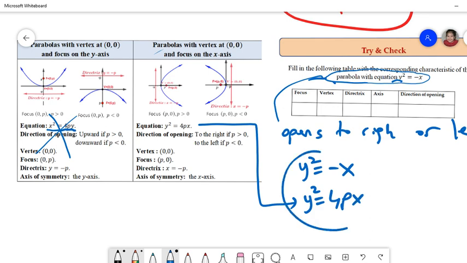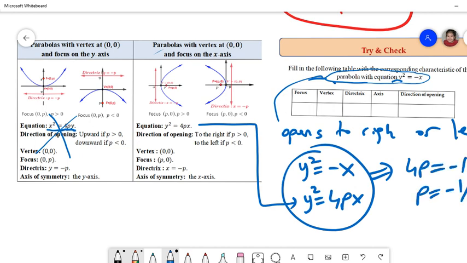So then you match them. The coefficient of x is minus 1, so p is equal to negative 1 over 4. Then what is the focus? It is (minus 1 over 4, 0). And the vertex is (0, 0) if you have this equation.